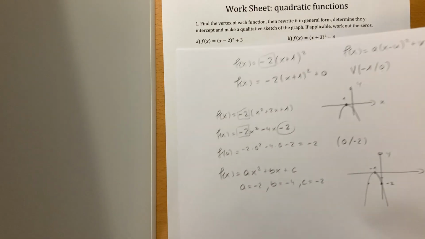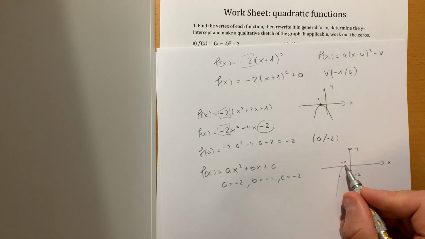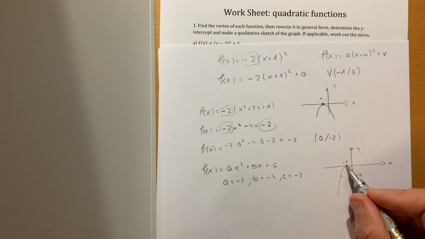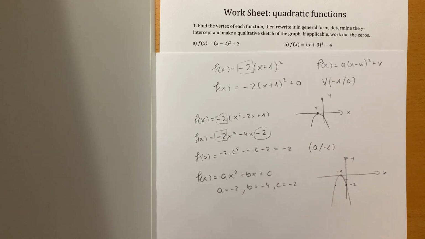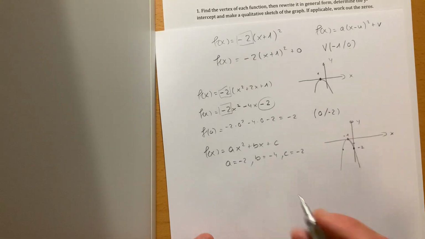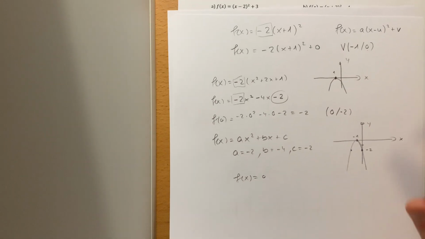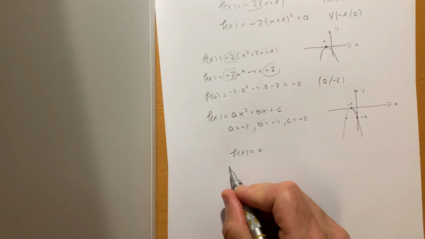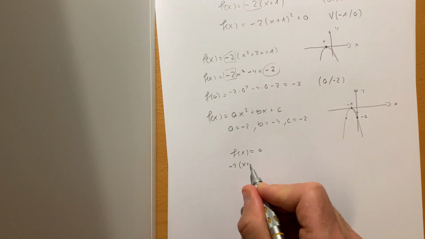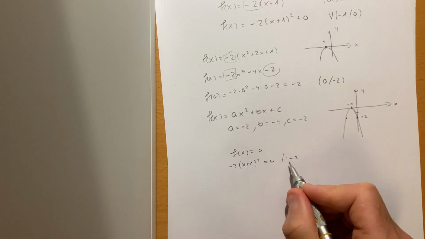And let's see what happens when you work out the zeros. Well, we already know the zero is at minus 1 because it touches the x-axis there. And the y value at minus 1 will be 0. So that's a zero. But let's say we wanted to work this out. So f of x is equal to 0. So it would be minus 2 times (x plus 1) squared is equal to 0. So first you divide by minus 2.